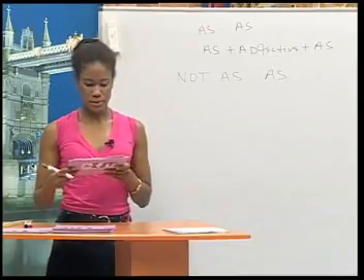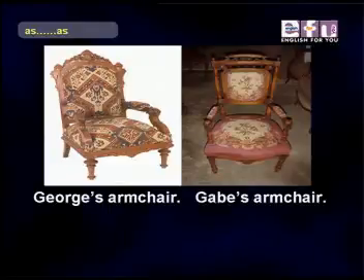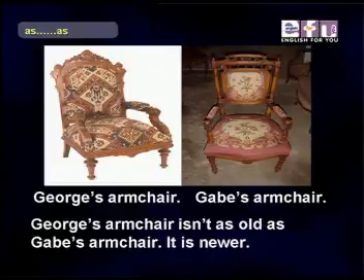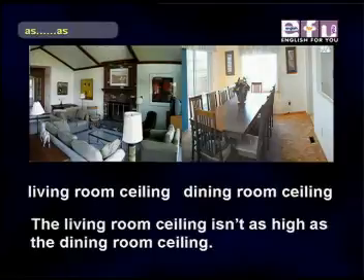More examples. First, we have George's armchair. And we have Gabe's armchair. George's armchair isn't as old as Gabe's armchair. It is newer. We have a living room ceiling and a dining room ceiling. The living room ceiling isn't as high as the dining room ceiling.